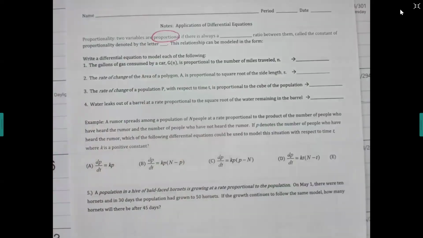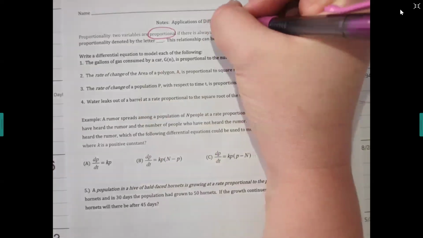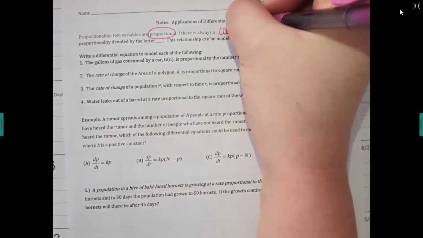If I tell you that 2 triangles are proportional, from geometry, you should have learned that basically what that means is all the sides are either growing or shrinking by the same ratio. So proportional means that there is a constant ratio.